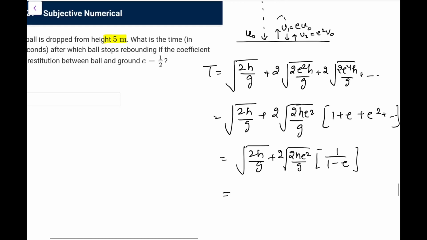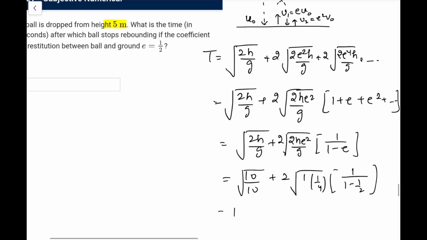Now put the value. So it would be 10 by 10, that is 1, plus 2 times 1 into e, which is 1 by 2, into 1 upon 1 minus 1 by 2. Do the calculation: 1 plus 1 becomes 2, so it becomes 3 seconds is the complete duration that it will be jumping.